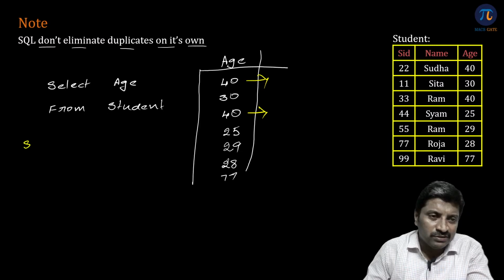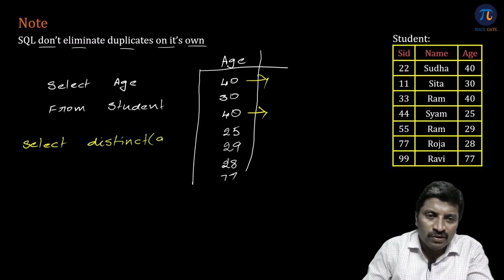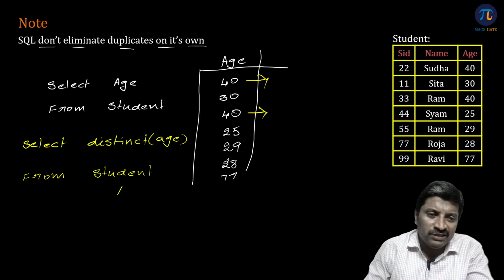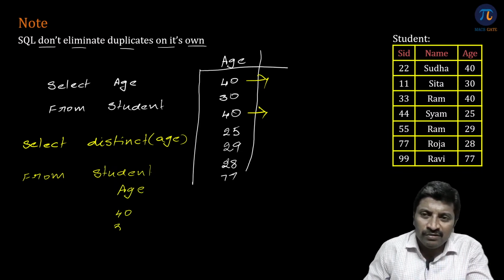So it will be select distinct age from student. Then it will filter the duplicates. In this case, 40 will be displayed only one time: 40, 30, 25, 29, 28, 77.